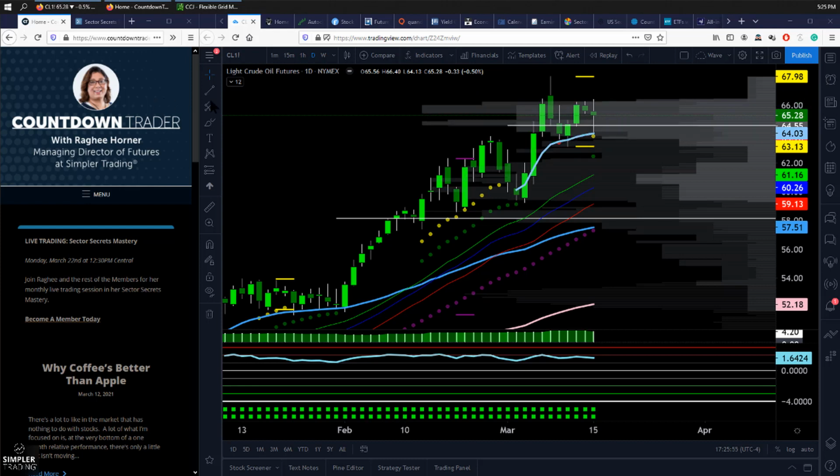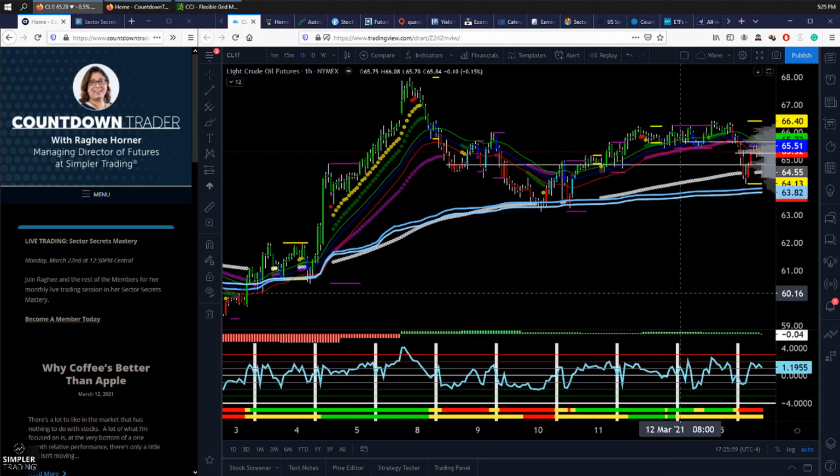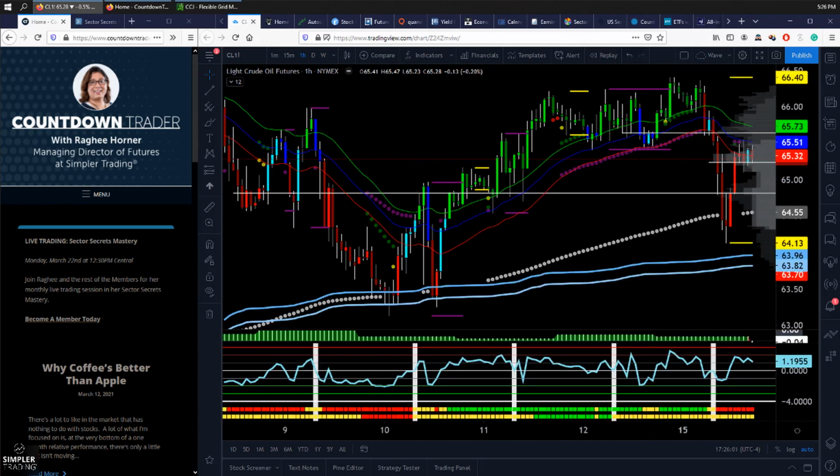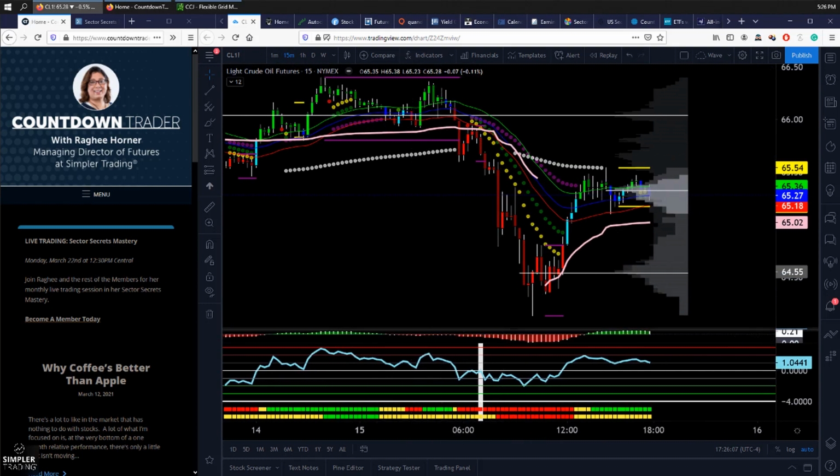Now, you can also dial this down to a shorter term time frame and look at, for example, a 1-hour chart, a 15-minute chart, and it's the 15 that actually I'm fairly interested in. The 15 has completed a neat little reversal pattern that happens in here, and that would have been through that level of resistance.